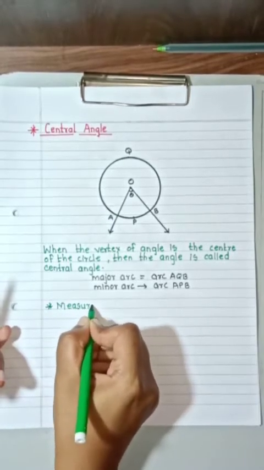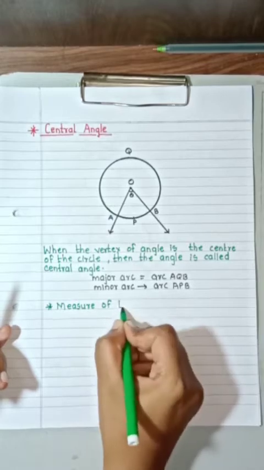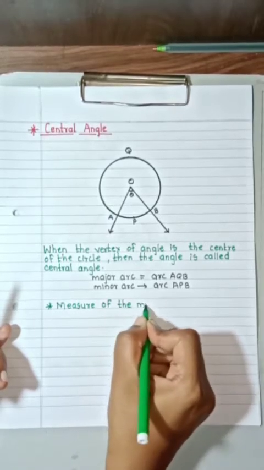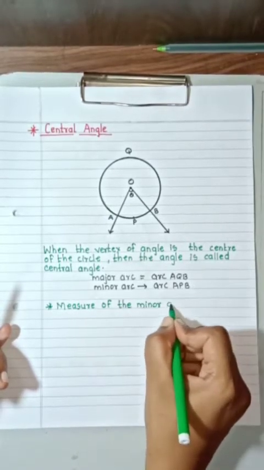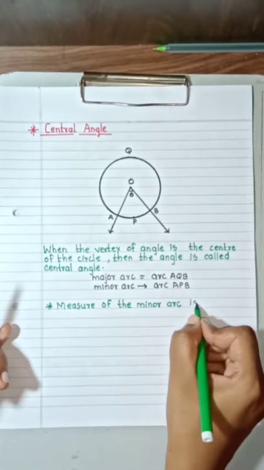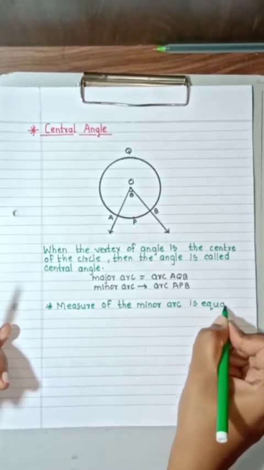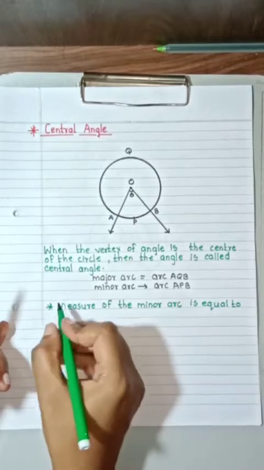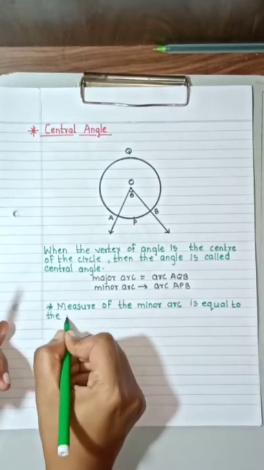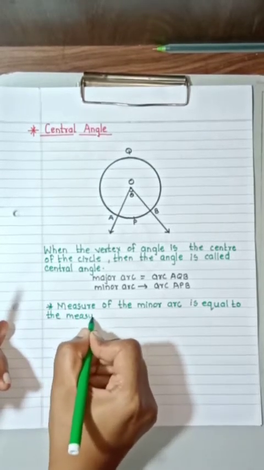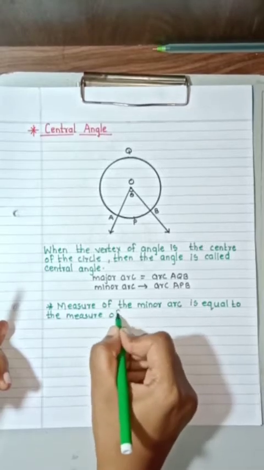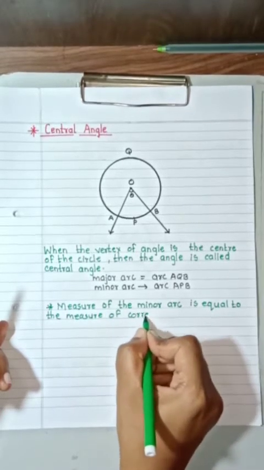Measure of the minor arc is equal to the measure of the corresponding central angle.